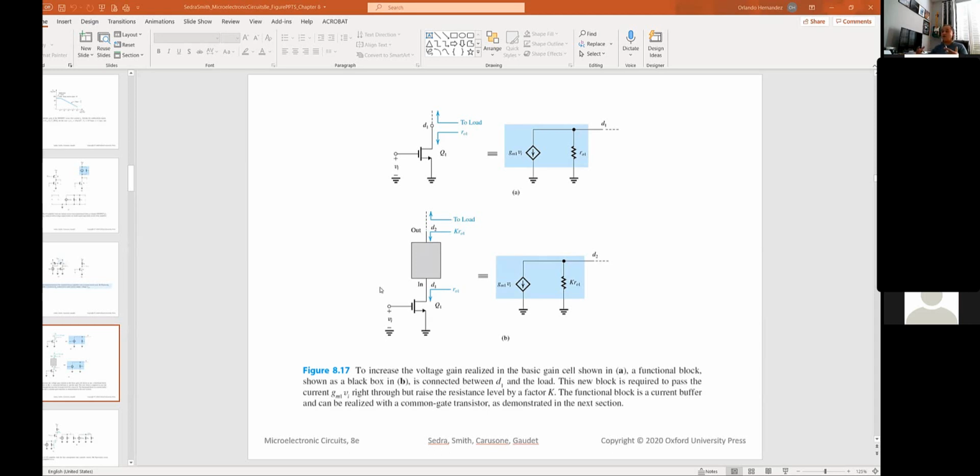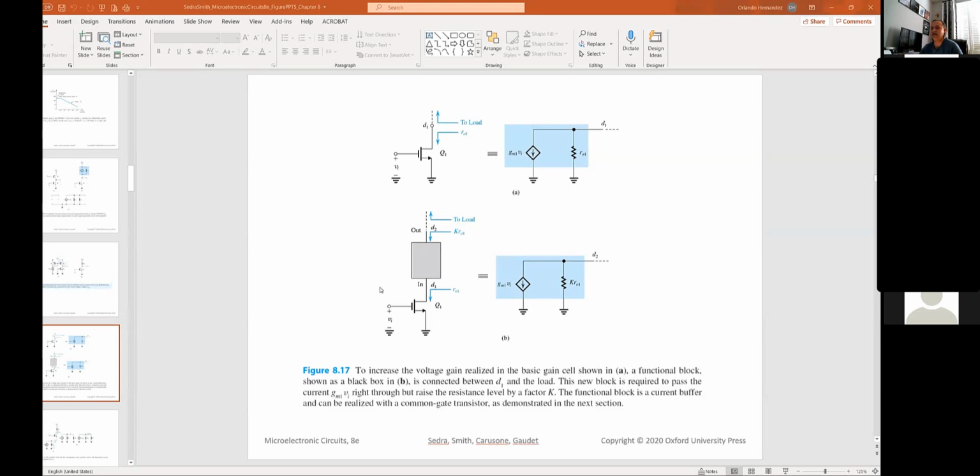So this functionality that we're describing is essentially a current buffer. It is a type of amplifier that doesn't amplify voltage, but gives us current buffering or increases the current. Okay.